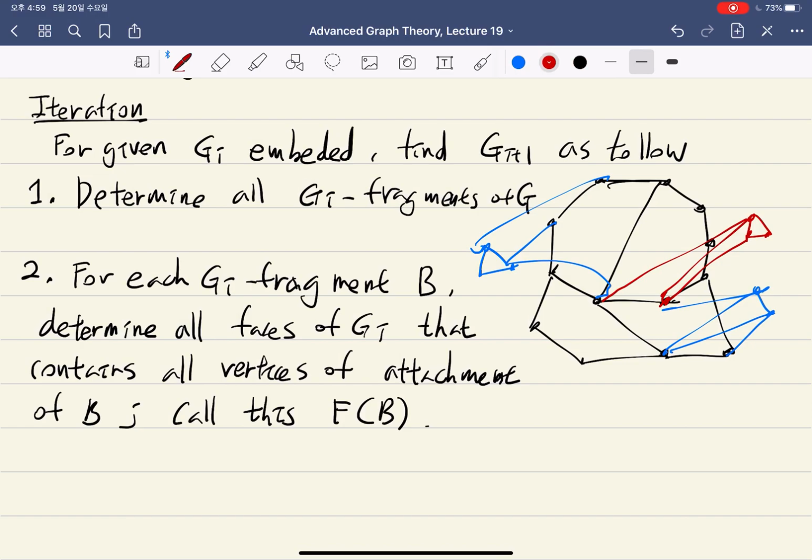Meaning that for this fragment, its vertices of attachment are these three. And among the 1, 2, 3, 4, 5 faces, only this face contains all these three vertices. This outer face also contains these two, but it doesn't contain this third vertex. So for this B, the FB is exactly this face F.